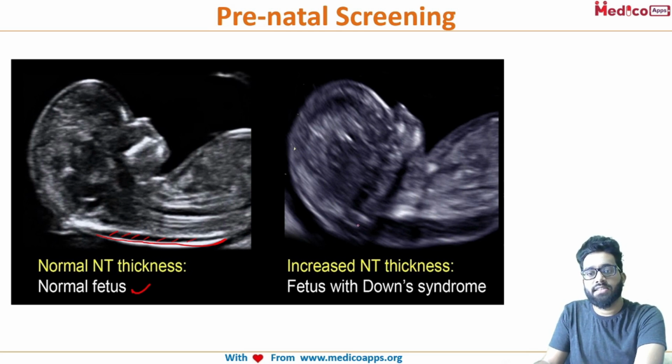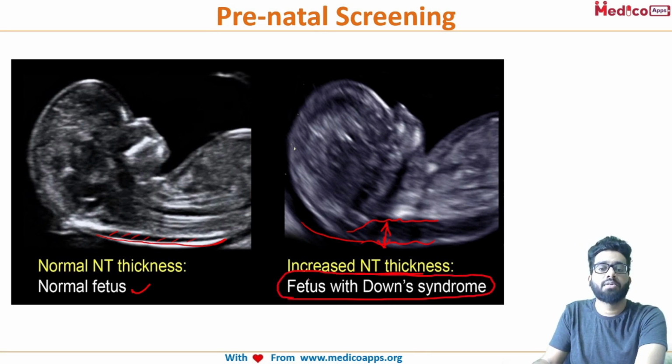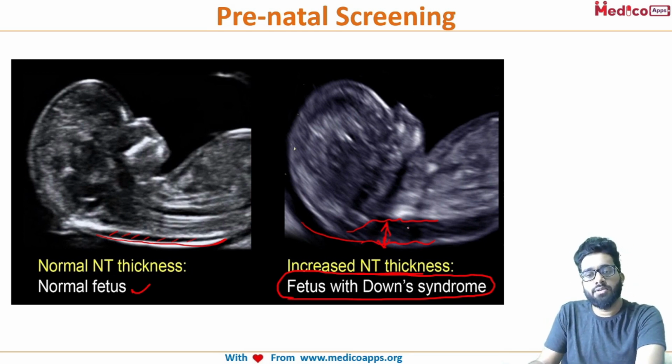When you have excessive fluid, as you see here, there is an excessive accumulation of fluid and the thickness of the nuchal tissue is increased. This is a sign that the child probably has Down syndrome. Though it is not specific for Down syndrome, it indicates that we are probably dealing with an aneuploidy or a trisomy. The nuchal thickness is also increased in a condition called cystic hygroma.